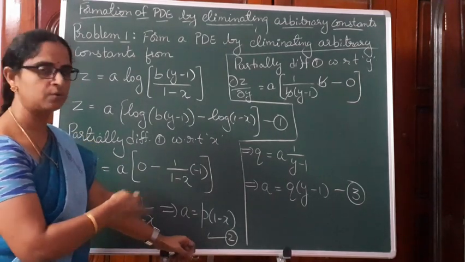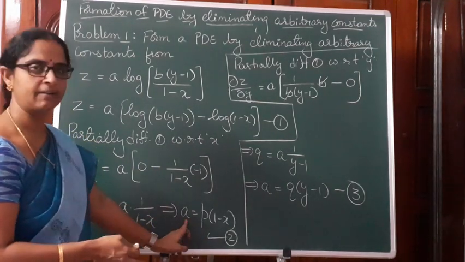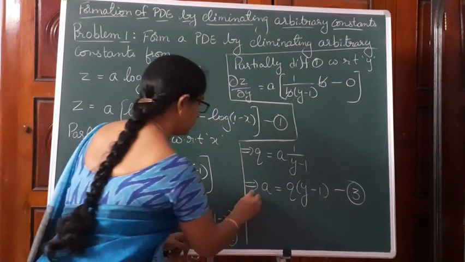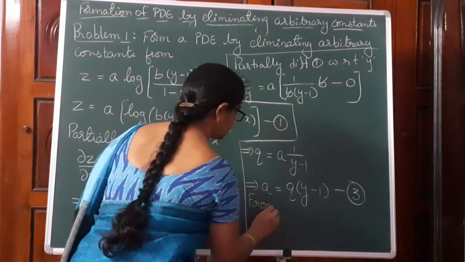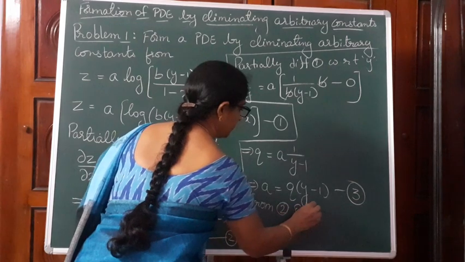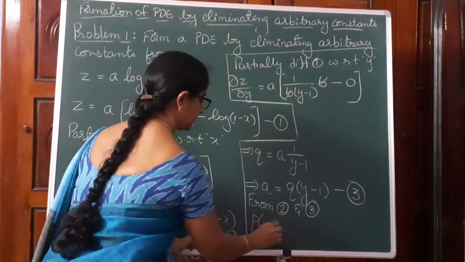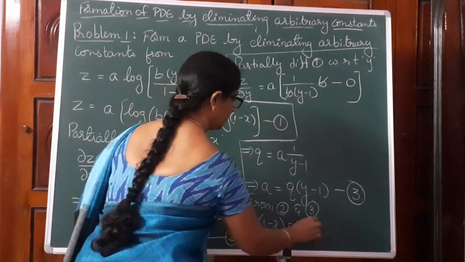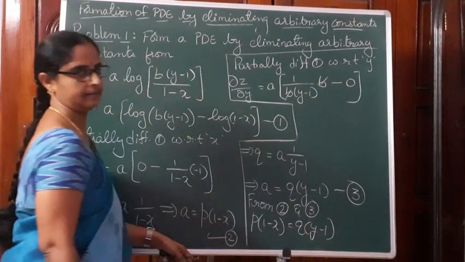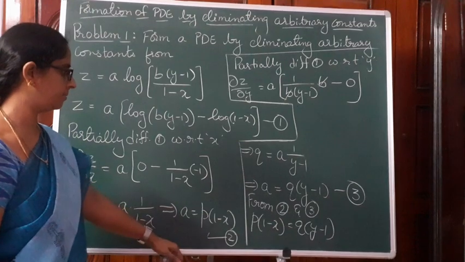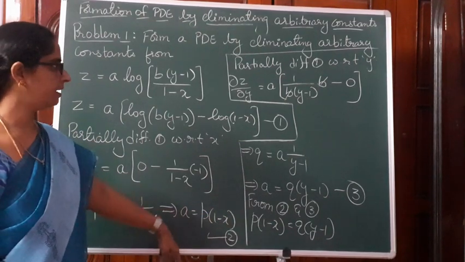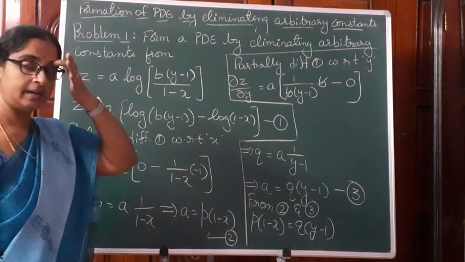So we can equate 2 and 3 because both give the value of a. From 2 and 3, p into 1 minus x is equal to q into y minus 1. So constants a and b are eliminated and we obtain a first order partial differential equation.